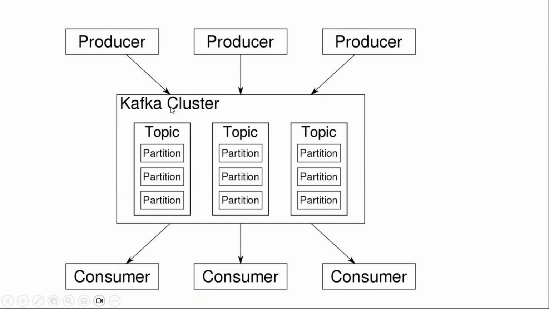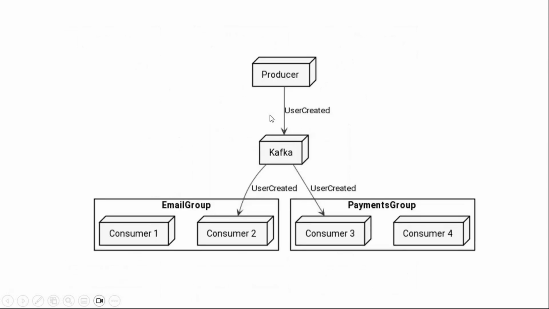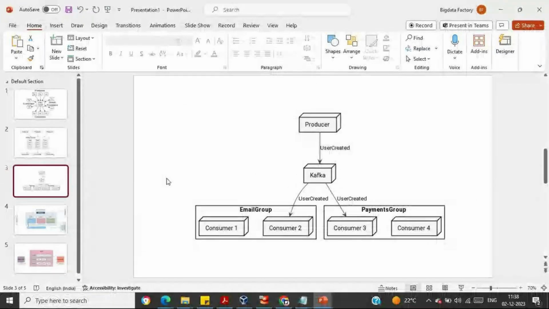We can have multiple machines, multiple nodes connected to each other in order to serve these particular producers and consumers. Inside the nodes we have topics, and topics contain the partitions. We will be discussing those things, and then we have consumers. So let me first explain these things, and then we will move further.